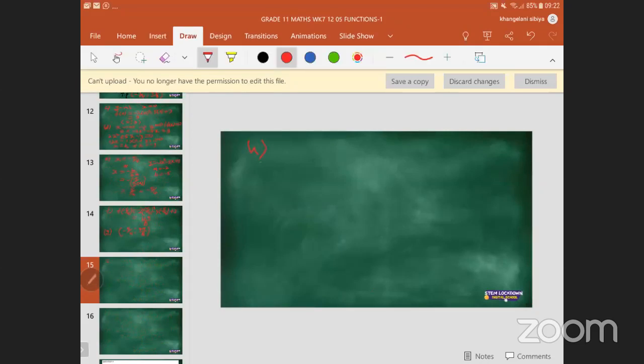Okay, the first thing that you do, you draw your Cartesian plane. Use your ruler here. Obviously, this is your y-axis.